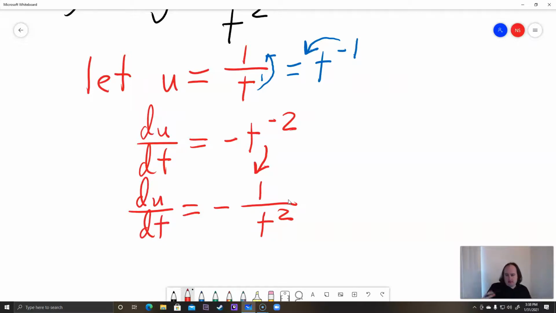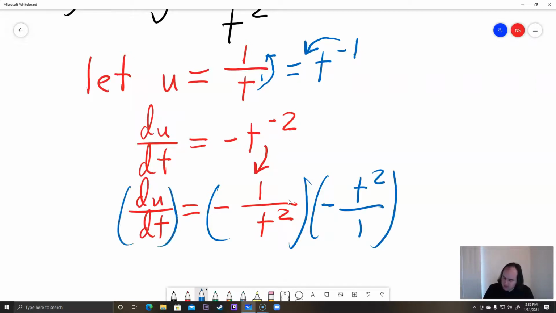And then, the way I like to teach it, you don't have to, is we go ahead and isolate dt. So we're going to multiply both sides by dt, but then we're also going to multiply both sides by the reciprocal of the right side. So we're going to multiply both sides by negative t squared over 1.